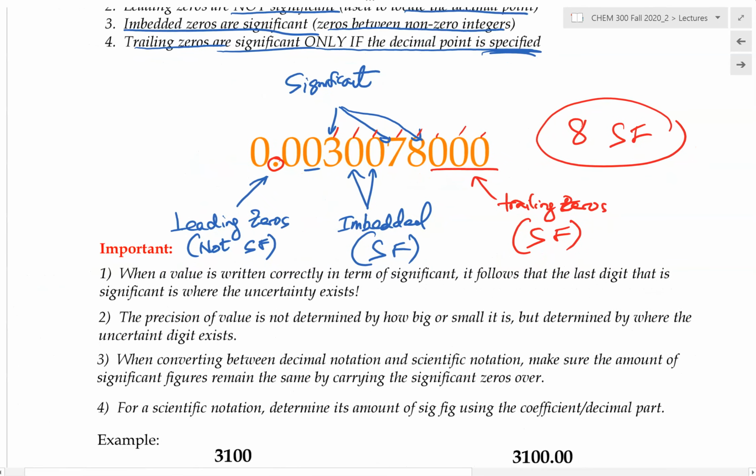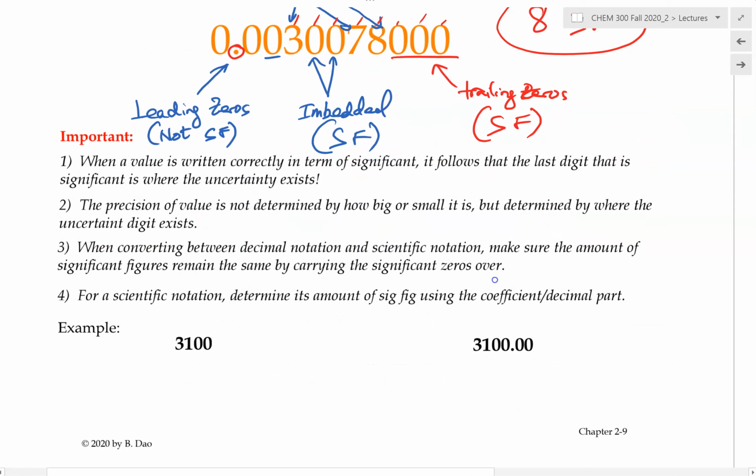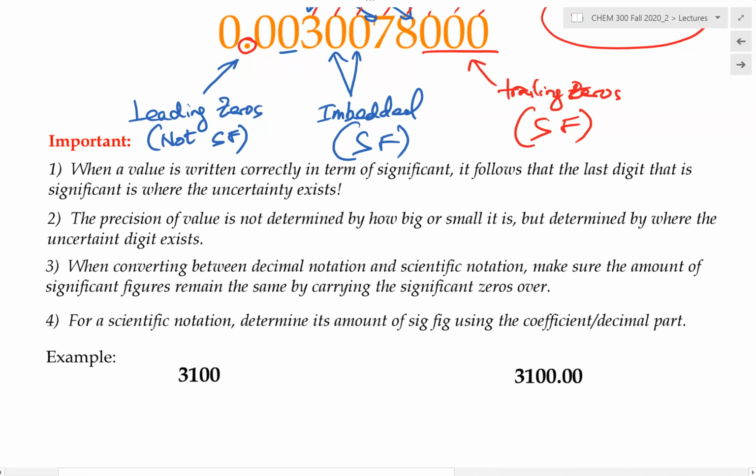So those are the rules for how to determine how many significant figures exist in a value. And now, here are some important points that we have to make sure we remember. When a value is written correctly in terms of significant figures, it follows that the last significant digit is where the uncertainty exists.